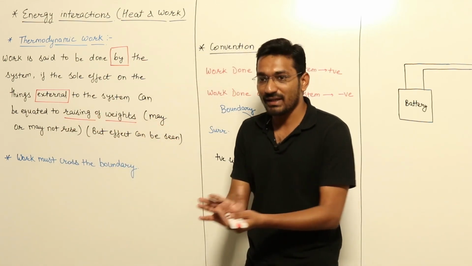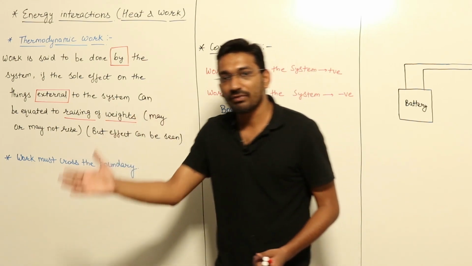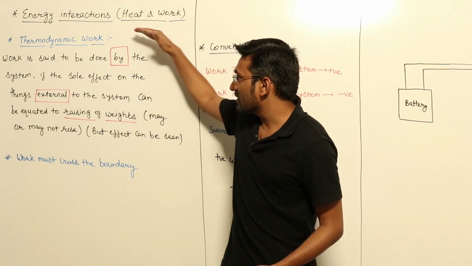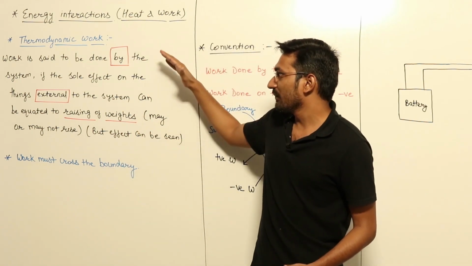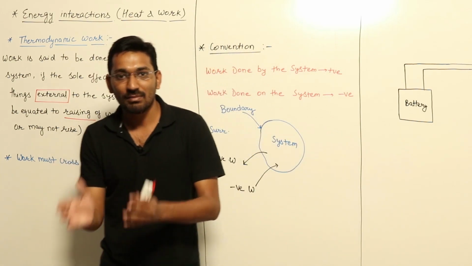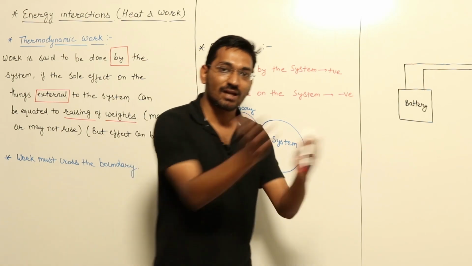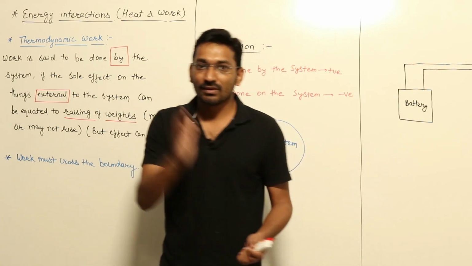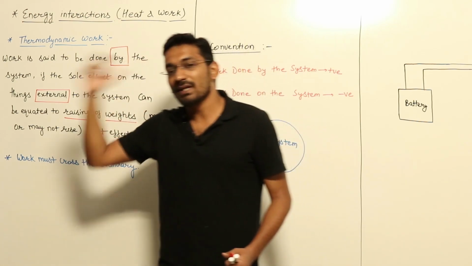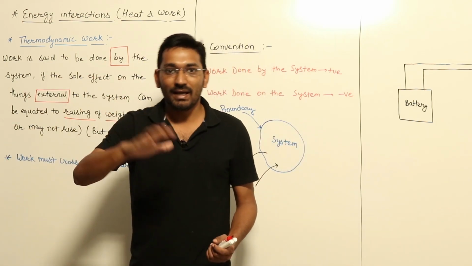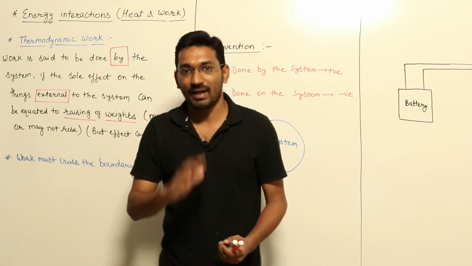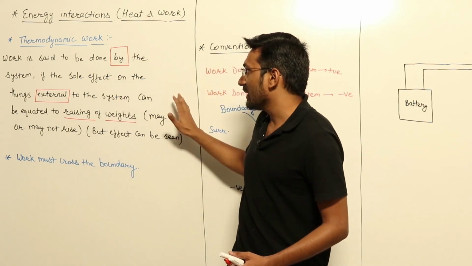Yes, it is capable of raising the weights or lowering the weights. Right? So this is the definition of thermodynamic work: work is said to be done by the system on the surrounding, external to the system, if the net effect on the surrounding can be imagined or seen as some lowering or raising of weights. So this is thermodynamic work.